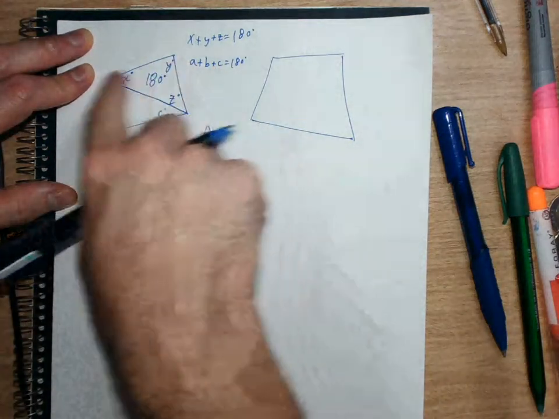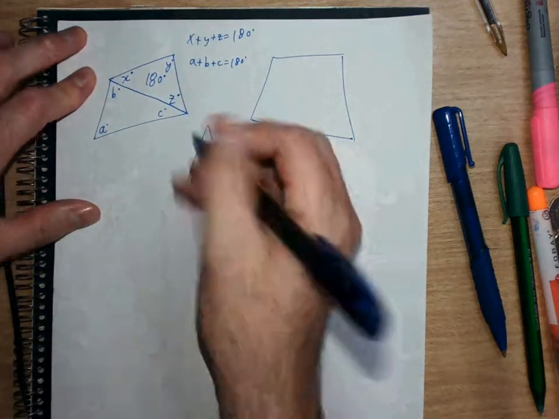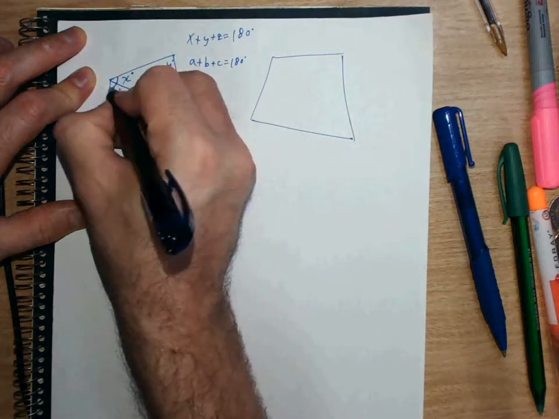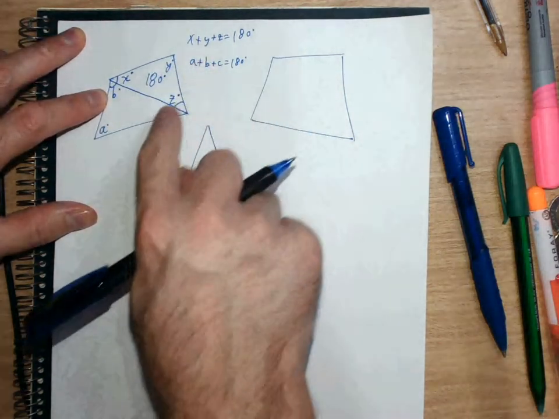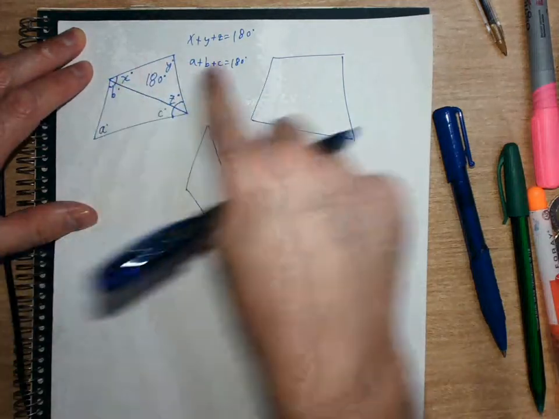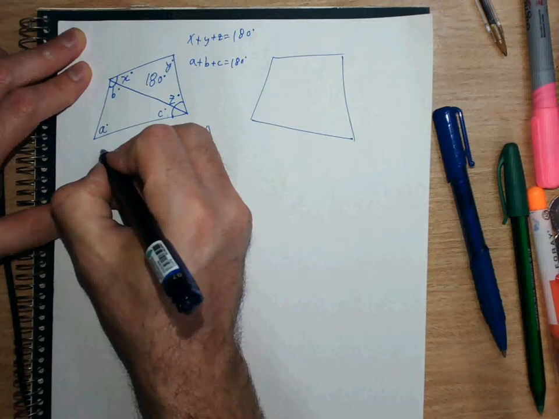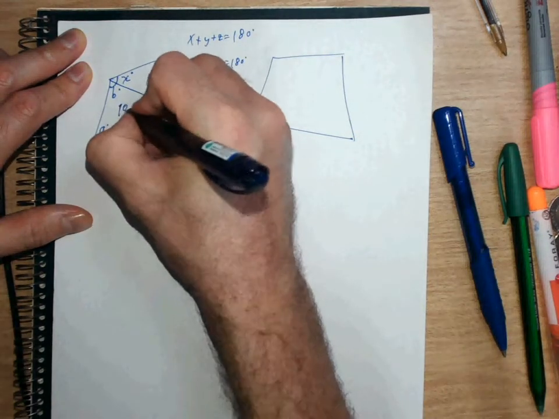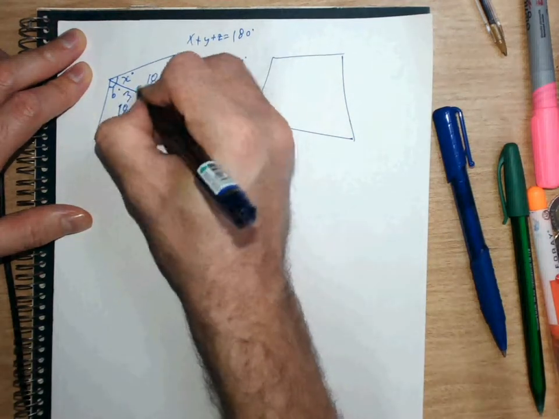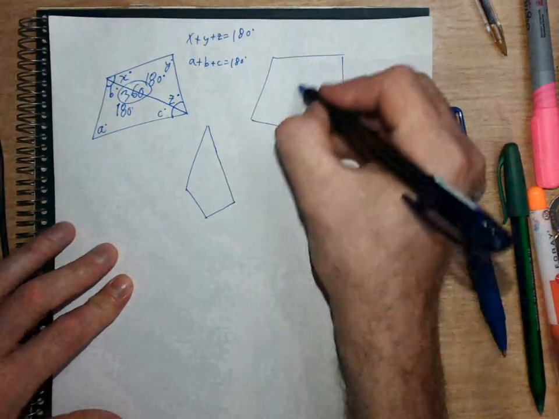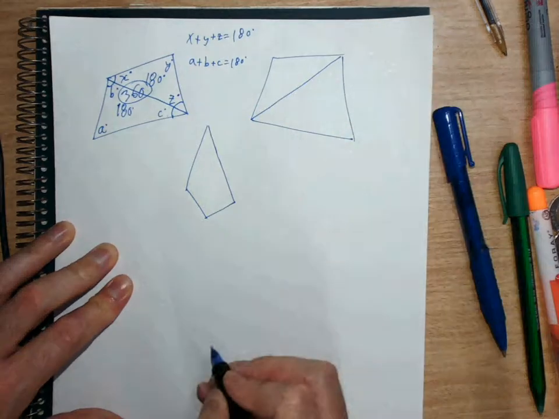But all four of the quadrilateral angles, given that this angle is z plus c and this angle is x plus b, all four of these angles is just these six angles all added up together. So that means this is 180 over here, but the whole thing is 360. Okay, so any quadrilateral you can always break up into triangles.